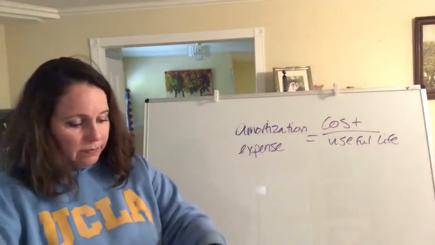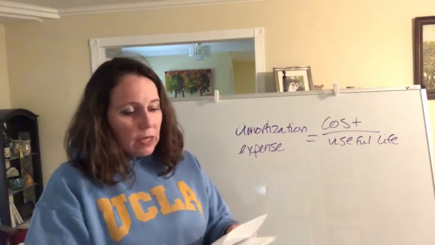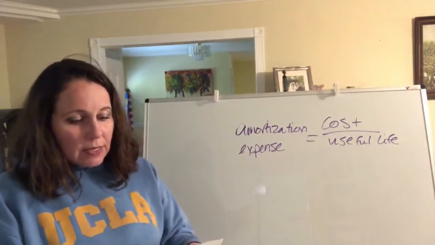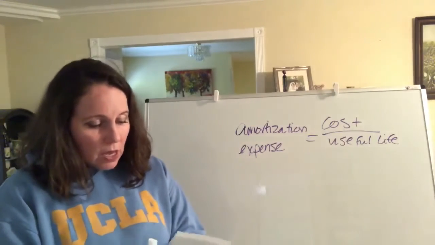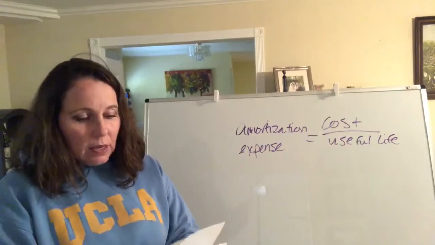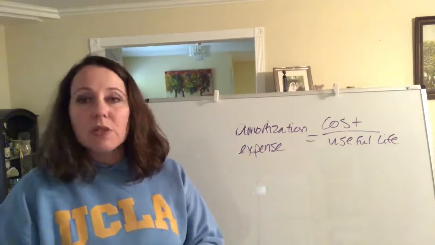Next we're going to do an example. The company buys a copyright for $418,000, and the remaining useful life of the copyright is 10 years. Calculate the amortization expense.